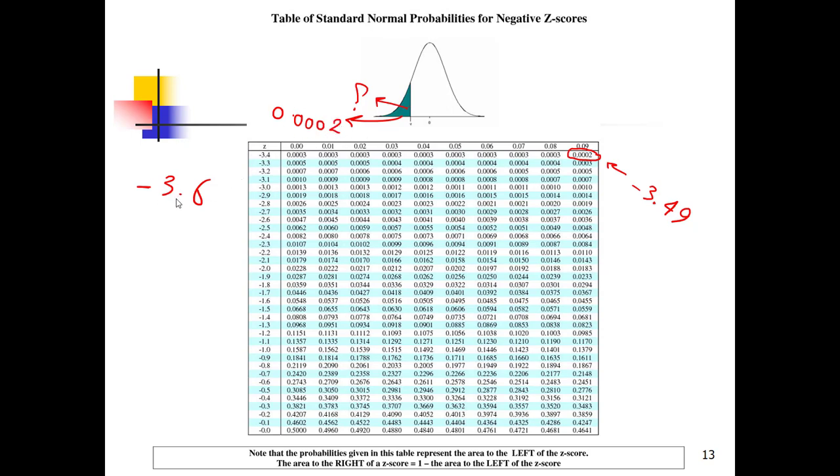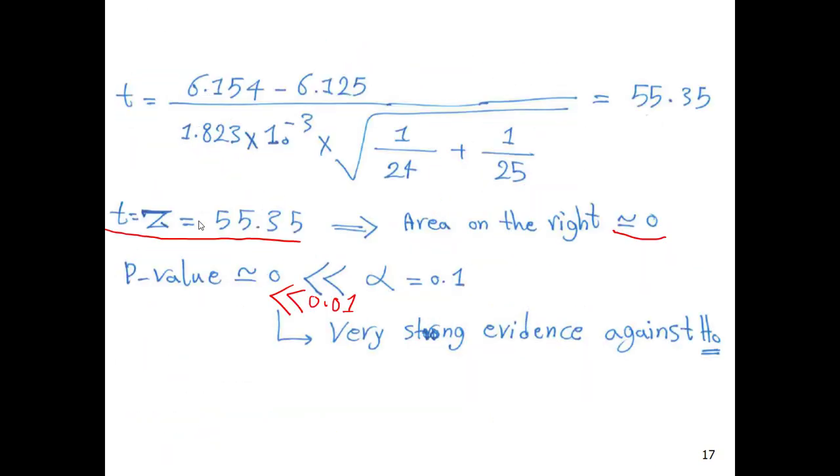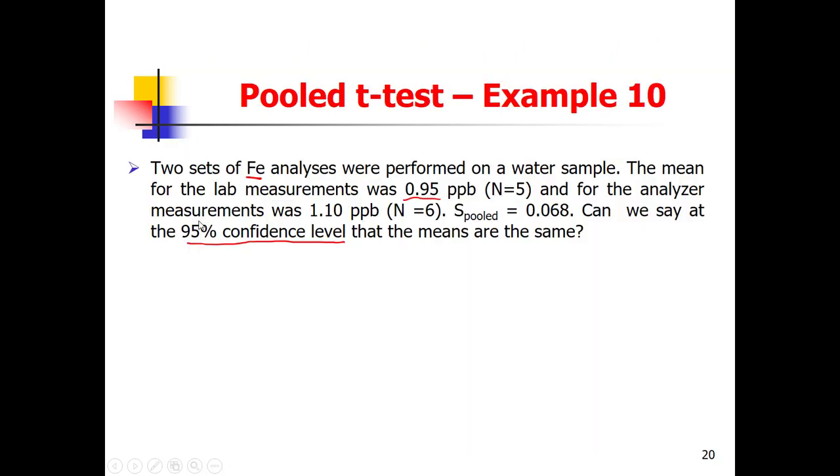So for minus 3.6, which is somewhere here, the area is even smaller than this one. It's almost 0. Okay, so I will keep this area as a good estimation for the area on the left of z minus 3.6. So let's go back to our question.